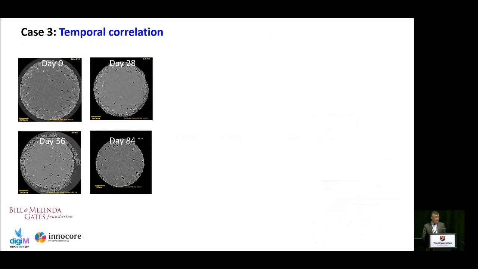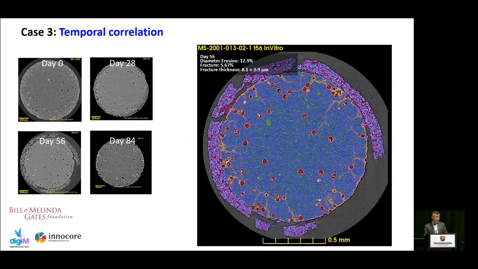Right. So this is another implant program under the Gates Foundation, where we are looking at the implants at 4 different stages: day 0, 28, 56, and 84 days. Again, a lot of data here, but one interesting point I want to highlight is the 56-day release.